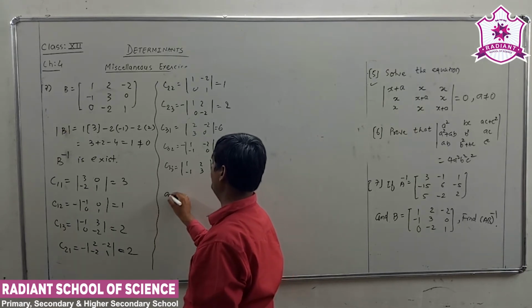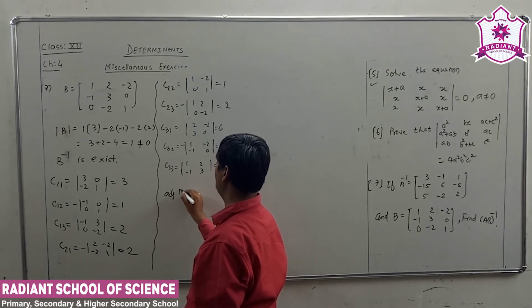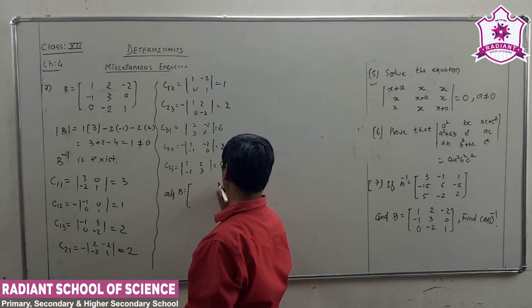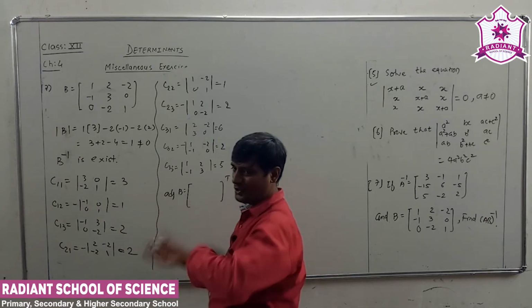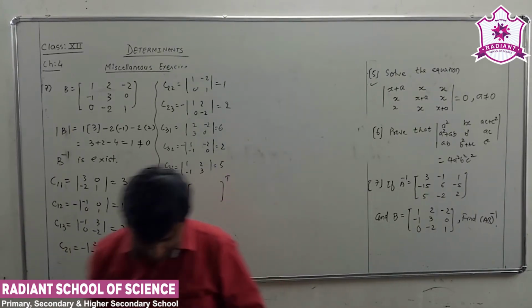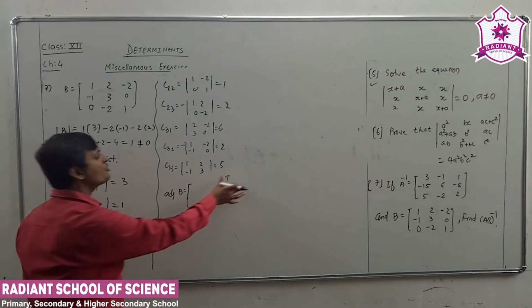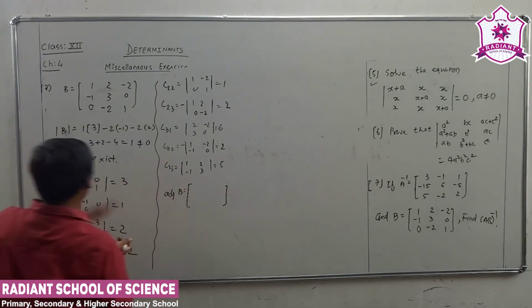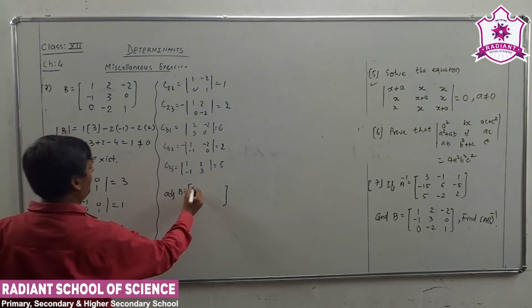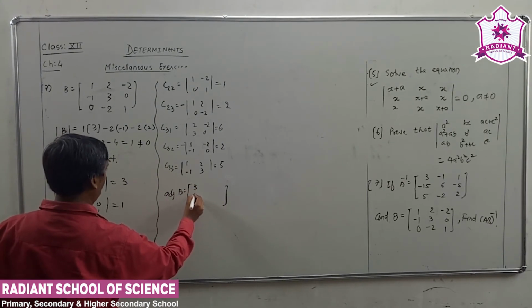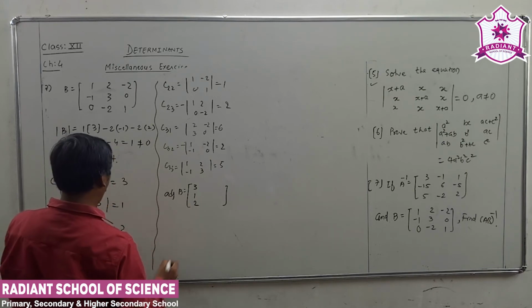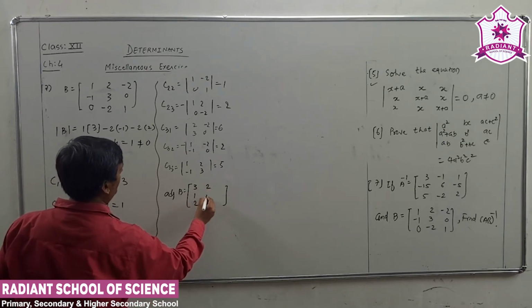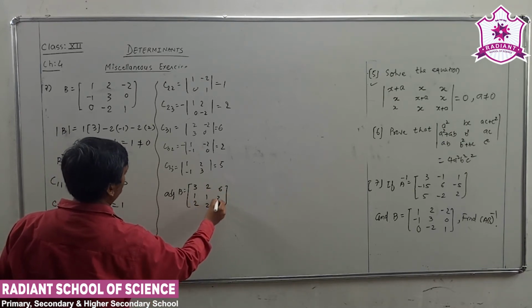Clear? So here the adjoint of B is directly written as the transpose of this. Written column-wise, it is very simple: rows converting to columns. So 3 1 2, again 2 1 2, then 6 2 5.